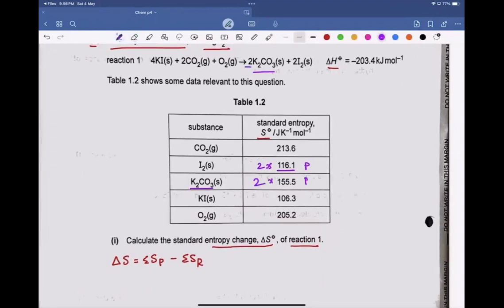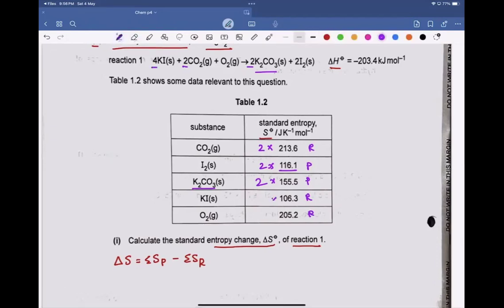So these are the products, right? And the rest of the 3 are reactants. This one, and this one. And carbon dioxide, there are 2 moles, so I have to make it times 2. Oxygen has 1 mole, and potassium iodide has 4 moles, so it's times 4, and oxygen would be times 1. Is this clear? Change is always products minus reactants.